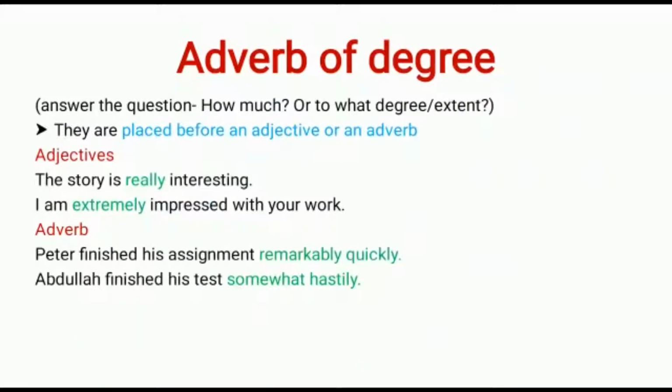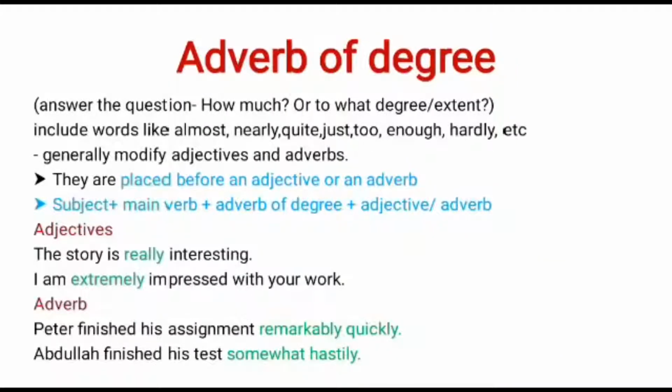Now let us move on to adverb of degree. Generally include words like almost, nearly, quite, just, too, enough, hardly, completely, scarcely, very, extremely, etc. And these adverbs generally modify adjectives and adverbs.